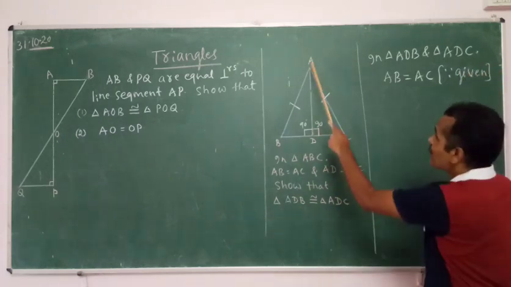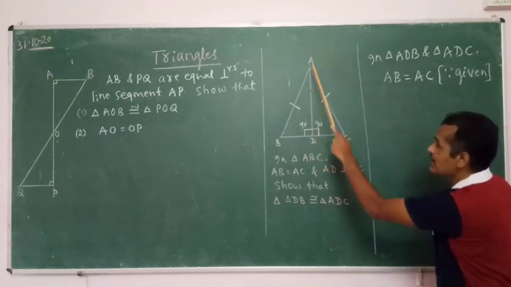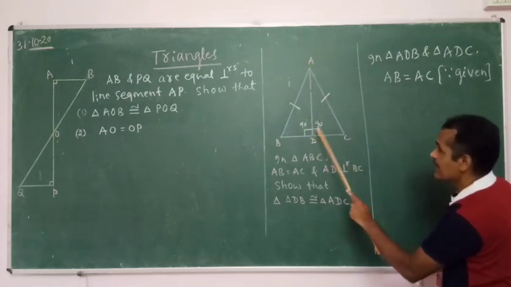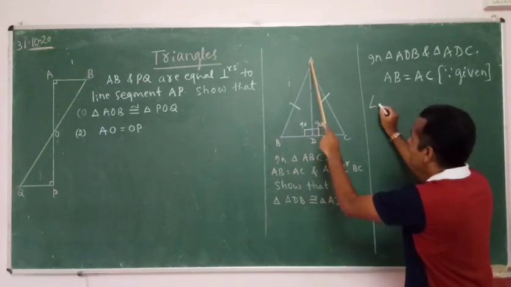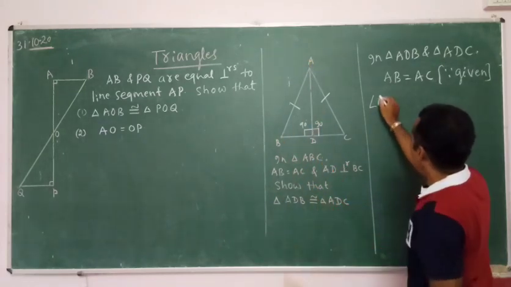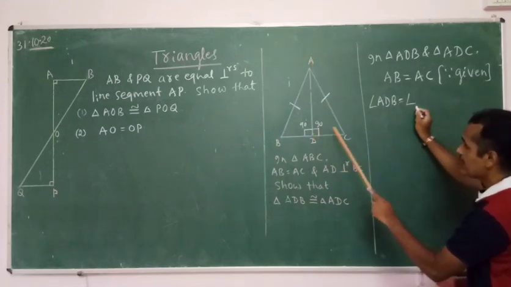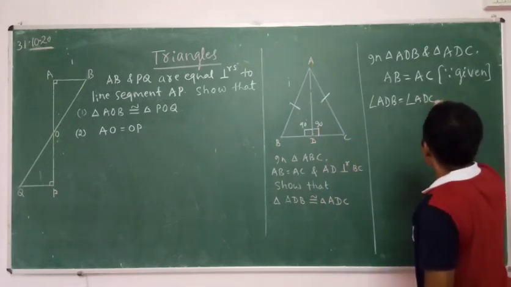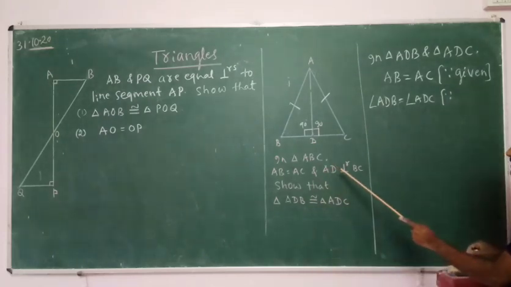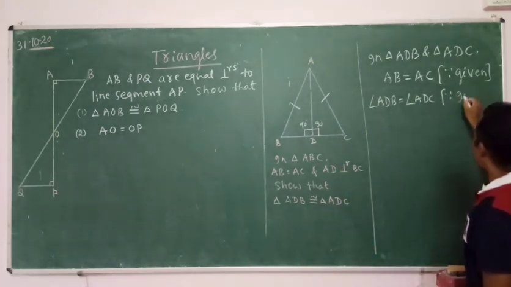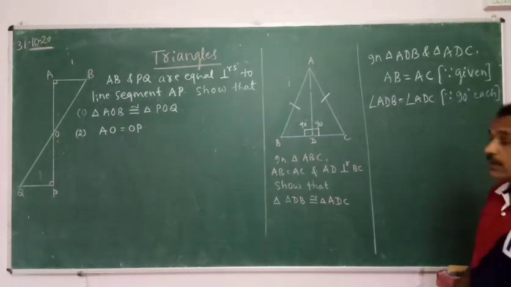Further, from the first triangle this angle is 90, from the second triangle this is 90. I can say angle ADB is equal to angle ADC. This is because you can write given, or you can say 90 degrees each.